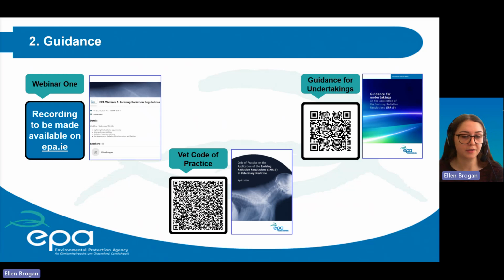So we began this webinar series with the aim to give further training, really detailing the obligations of undertakings, radiation protection officers, and other relevant staff under IOR 19. The webinar series was created to provide guidance on the practical implementation of authorization conditions and statutory requirements.